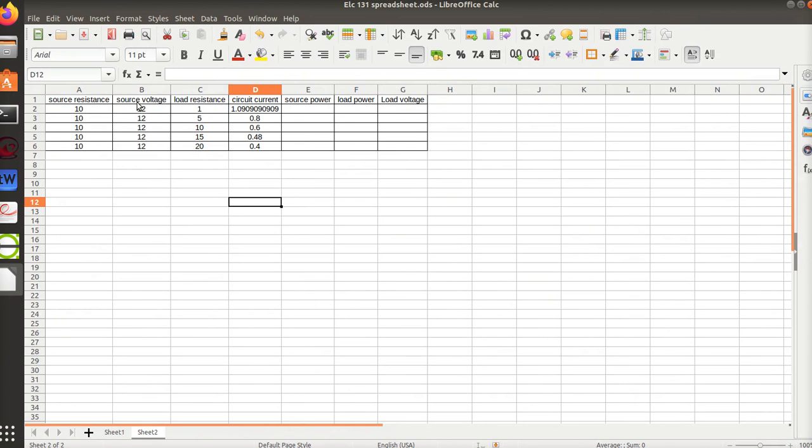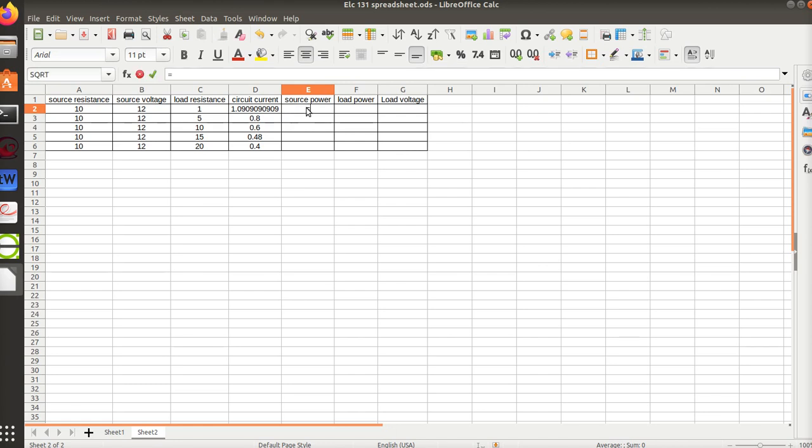Now my source power is going to be this current squared times my source resistance. So I'm using P equals I squared R. Okay, so I want the power.